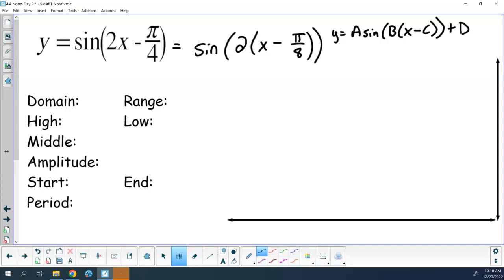So always do a quick mental check on that. But that's the function that I'm going to be graphing. Because now I've got my A value, I've got my B value, I've got my C value, and way over here, I got my D value. Okay? Now, you go and graph that.